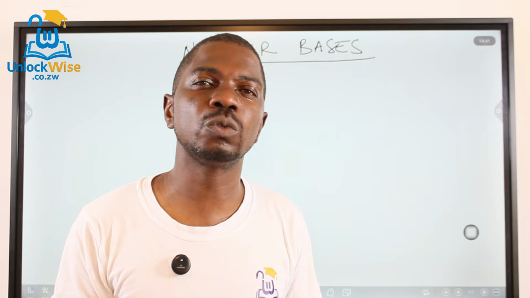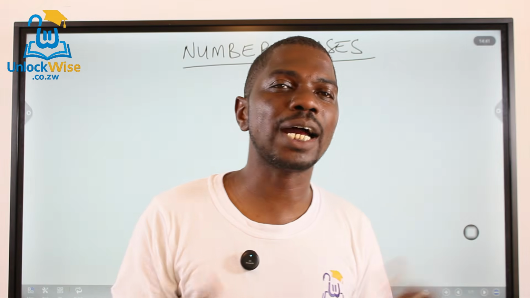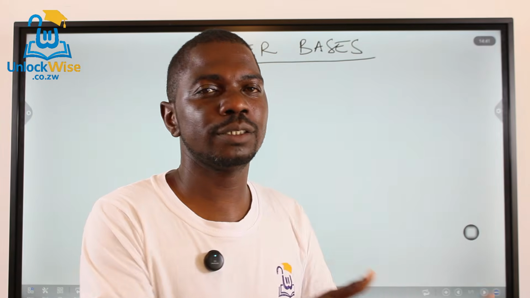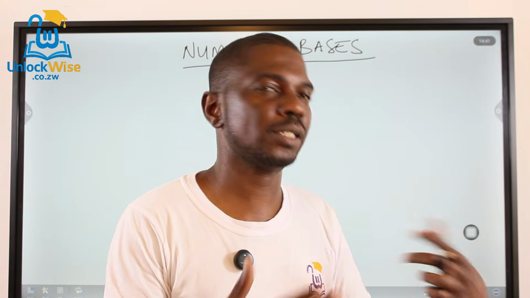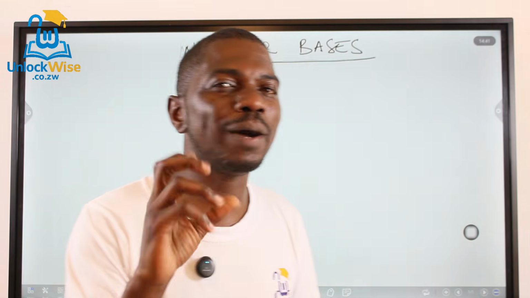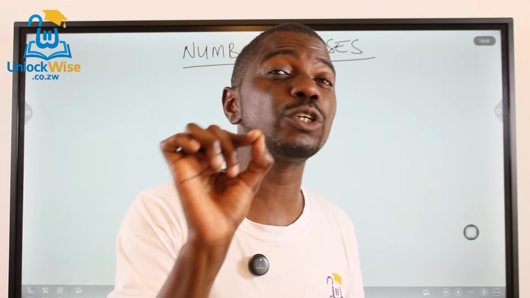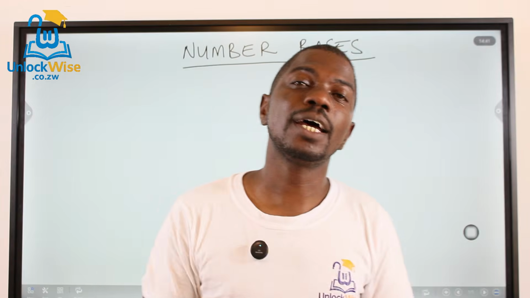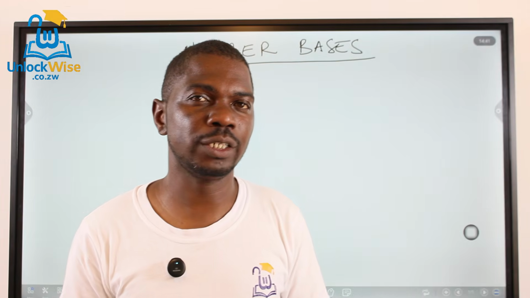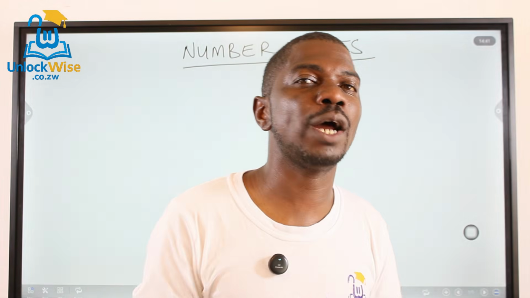You are told to add or subtract time, the days, hours, minutes, seconds, weeks. It's all part of number basis. And if you are to check your syllabus correctly, you have to do this in Form 1, right? It's under number basis in Form 1.